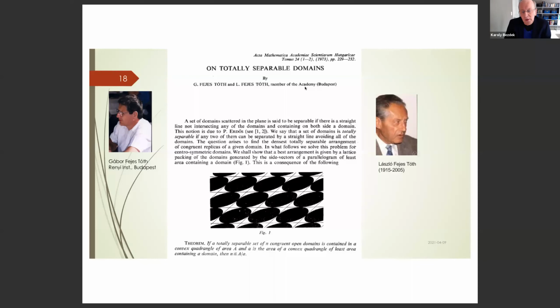more a volumetric one. They were interested in the highest density of totally separable packings of unit disks.